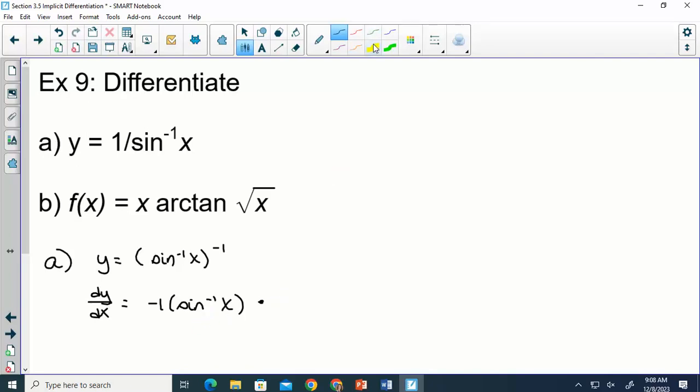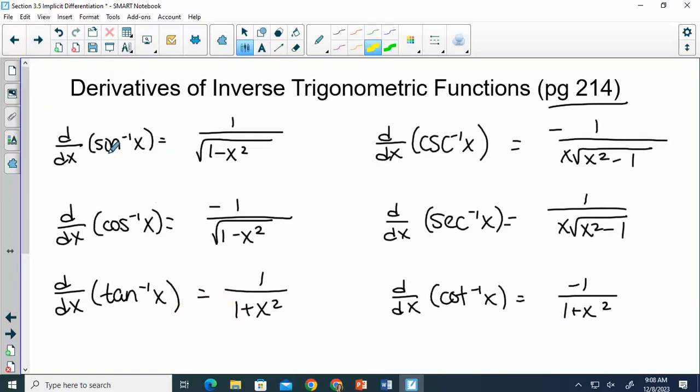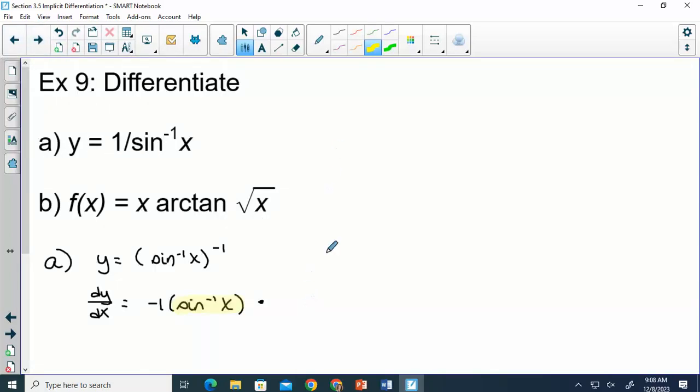From our sheet, or from our table that we just wrote down, what is the derivative of sine inverse? Derivative of sine inverse is 1 over square root of 1 minus the angle squared.